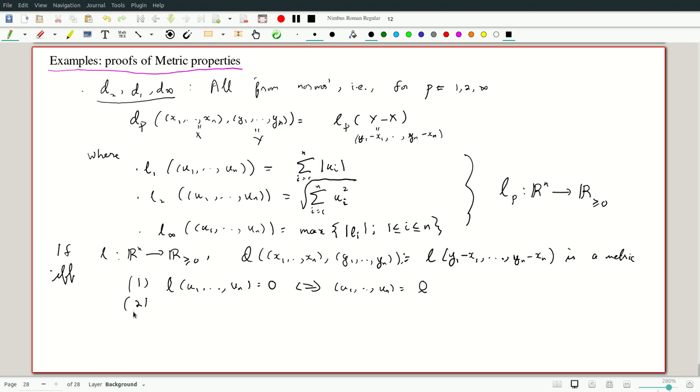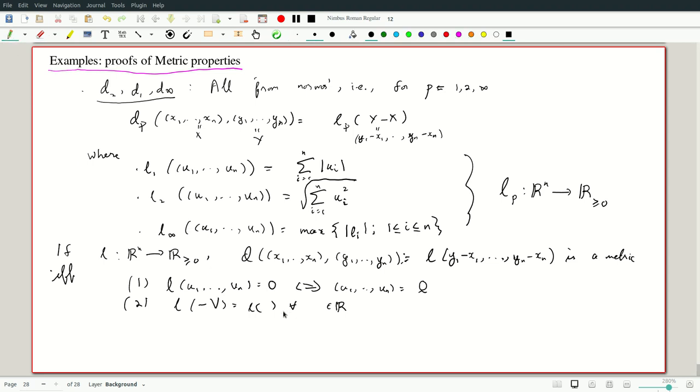Second, the second property that we had was symmetry. That is, L of minus x equals L of x for all vectors x in Rn. Perhaps I'll call it v or something, because x looks like our whole topological space.